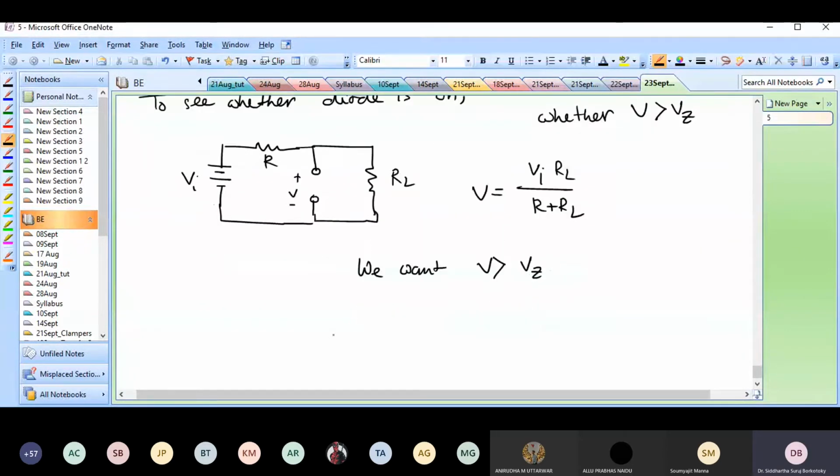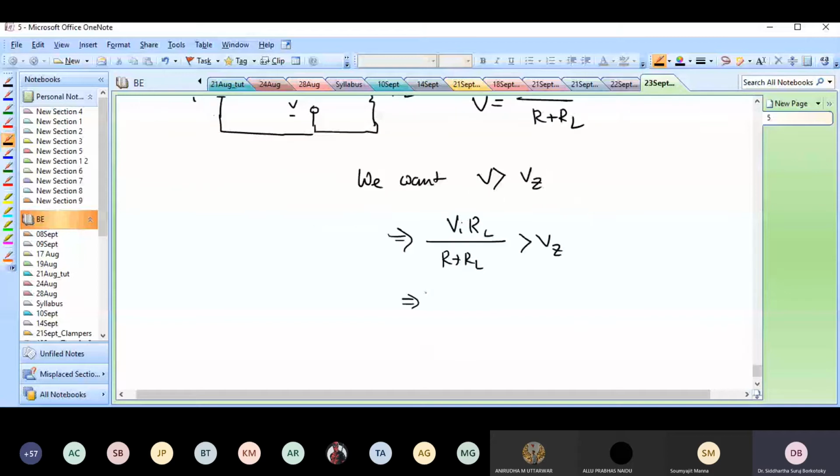So this implies that, because V is nothing but Vi times RL by R plus RL, now Vi RL should be greater than Vz R plus Vz RL.